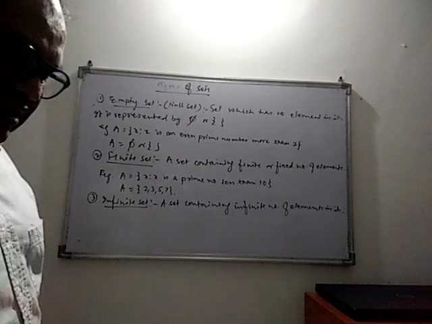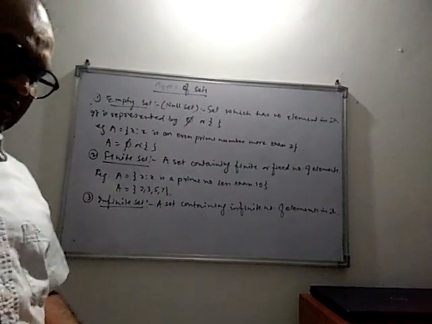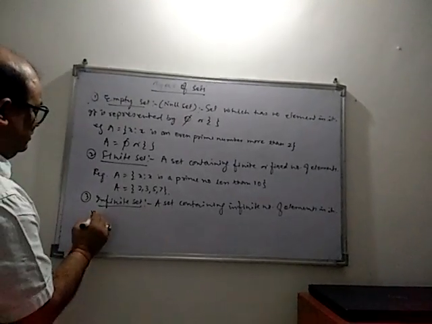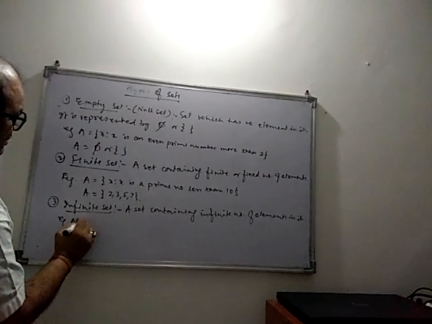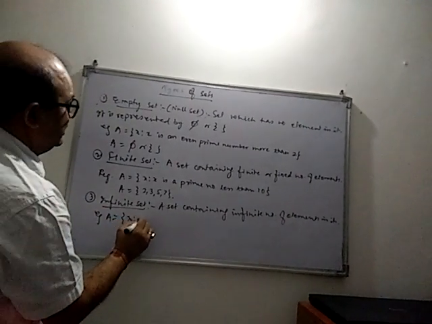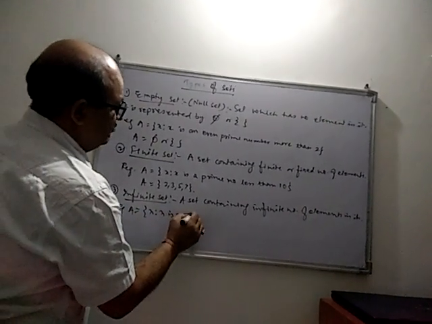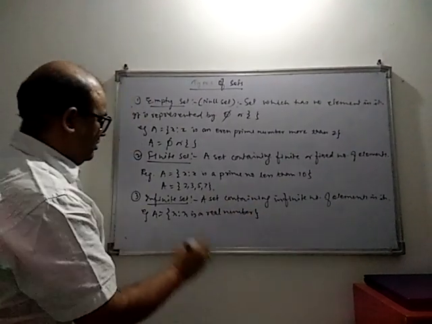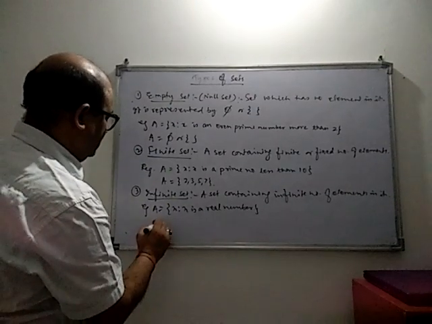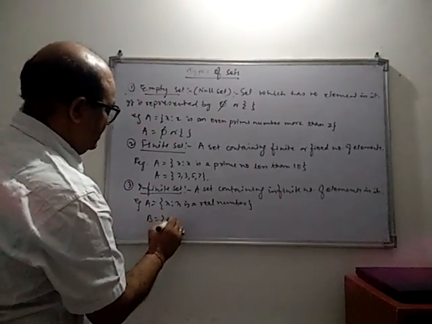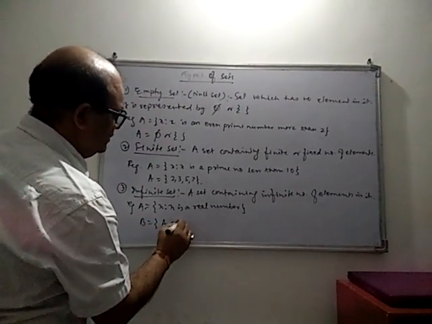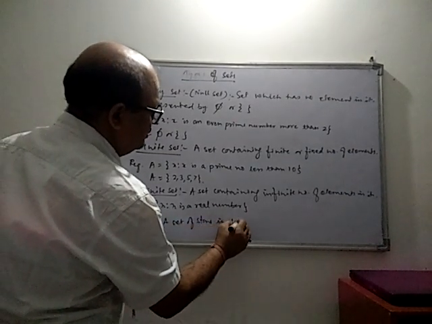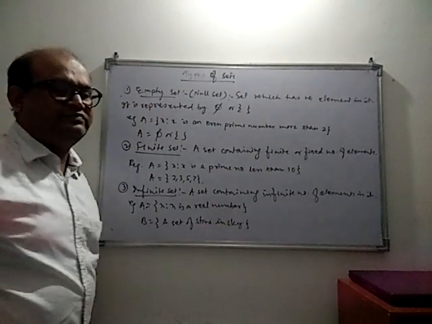For example, A is the set of x such that x is a real number, or B, the set of stars in the sky. It is an infinite set.